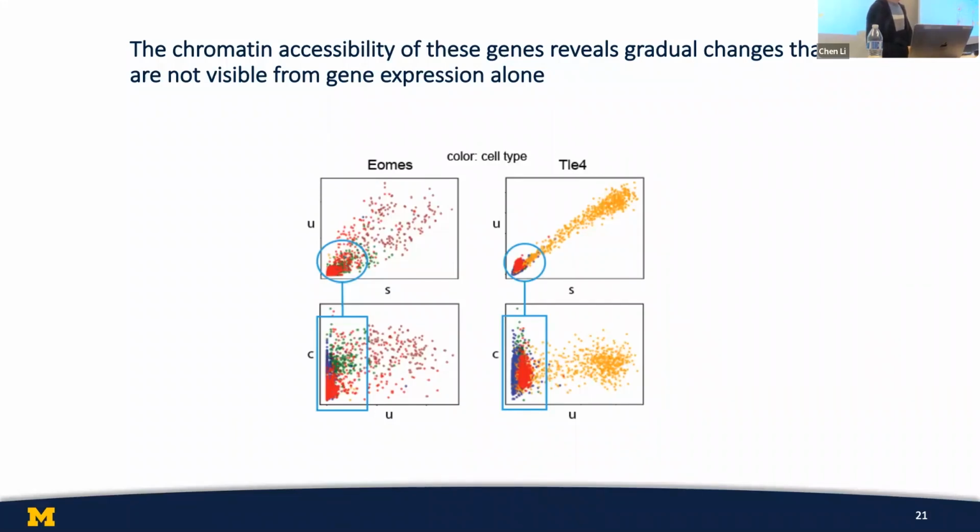But if we expand into the chromatin direction, we see that all the cell types are now well separated. If we model the chromatin accessibility along with both the RNA expressions, then we can better resolve the temporal relationship of those cells.